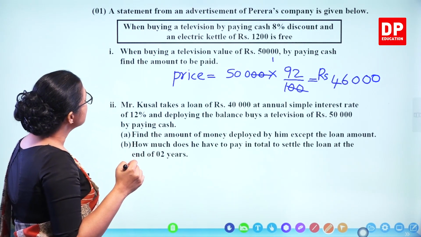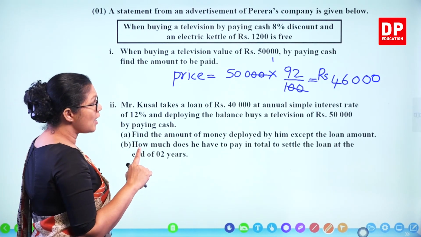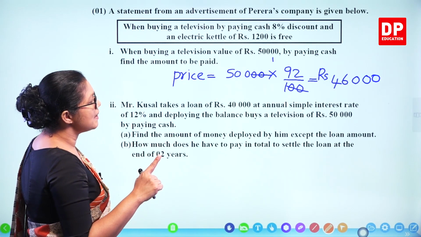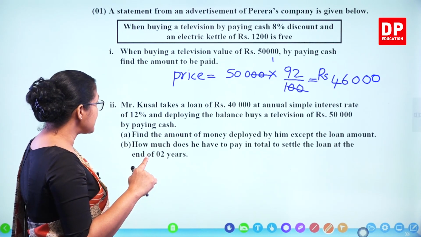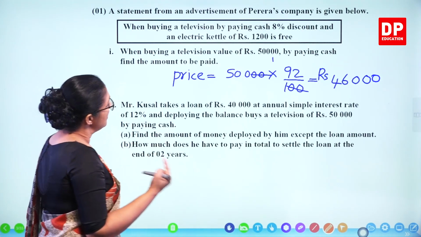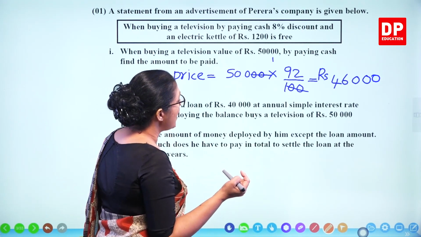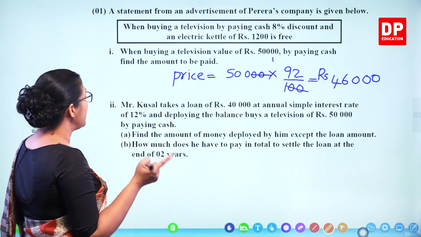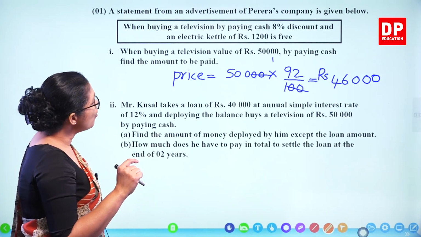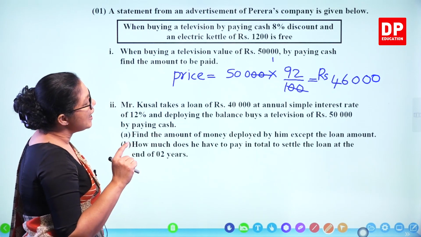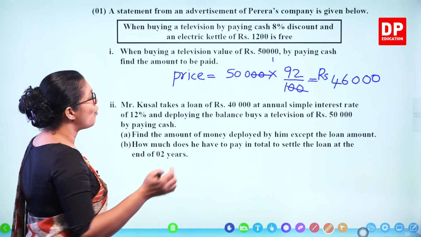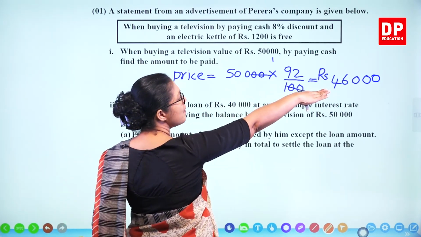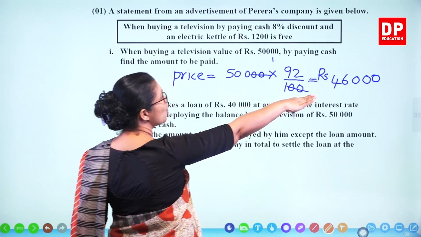Mr. Kusal takes a loan of 40,000 rupees at an annual simple interest rate of 12%, and deploying the balance buys a television of 50,000 rupees by paying cash. Find the amount of money deployed by him except the loan amount. So 40,000 is the loan and the price of the television is 46,000.